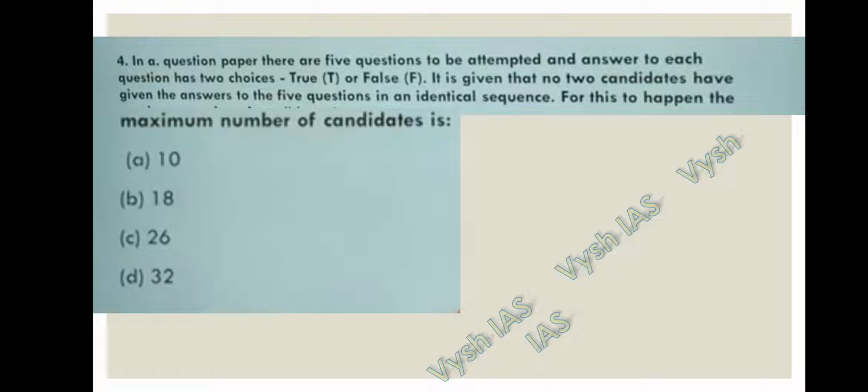Question number 4. In a question paper, there are 5 questions to be attempted, and the answer to each question has choices true or false. It is given that no 2 students have given the answers to the 5 questions in identical sequence. For this to happen, the maximum number of candidates is? Okay, they have said that 5 questions are there. For each question, there are 2 choices, right?